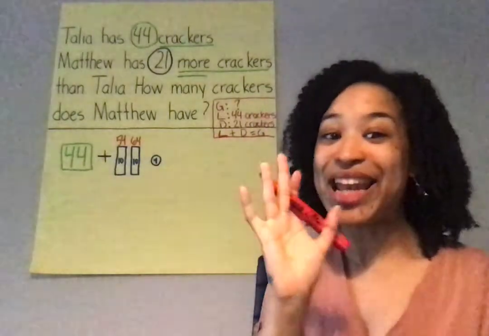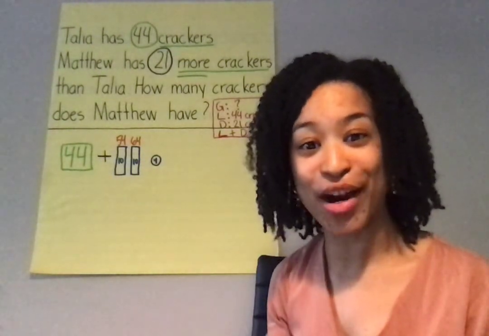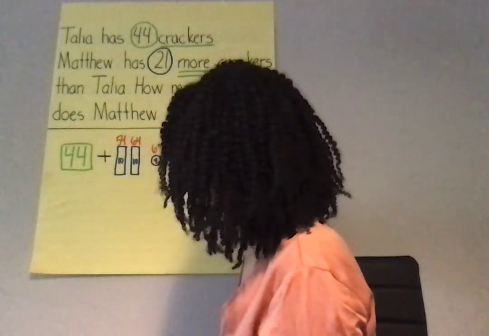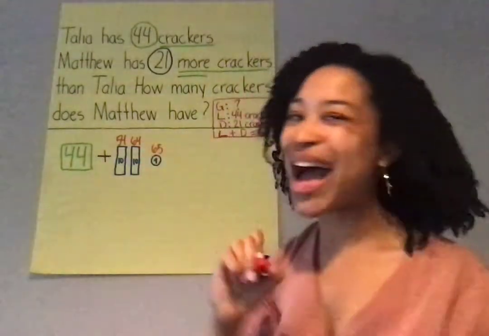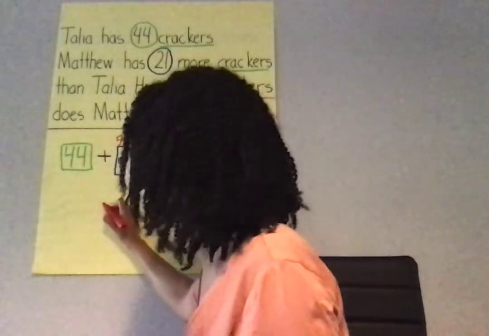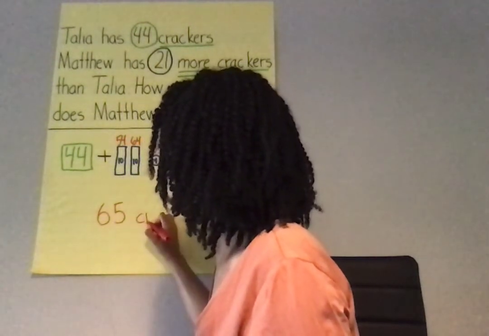Wait, now we're counting by ones. What number comes right after 64? Yes, 65. So Matthew has 65 crackers.